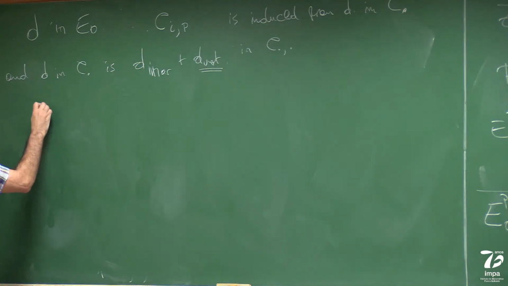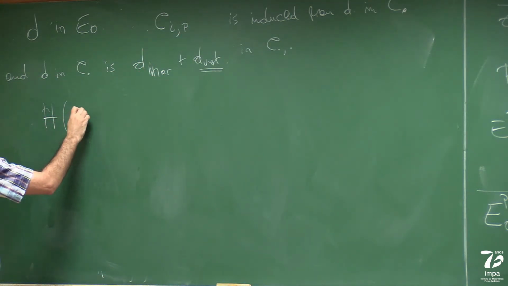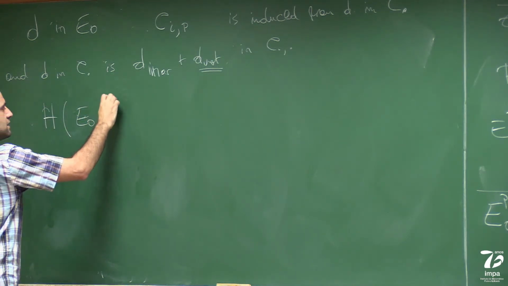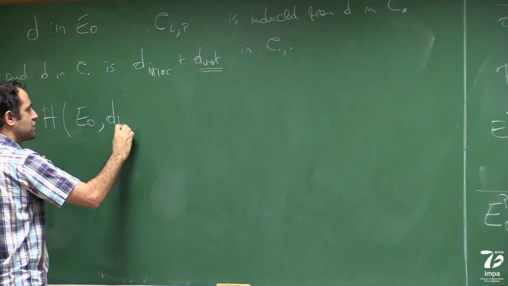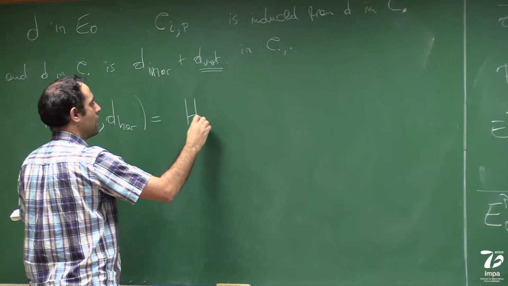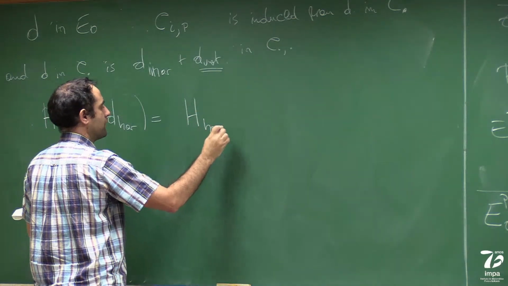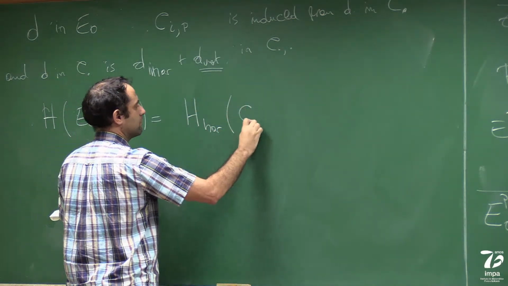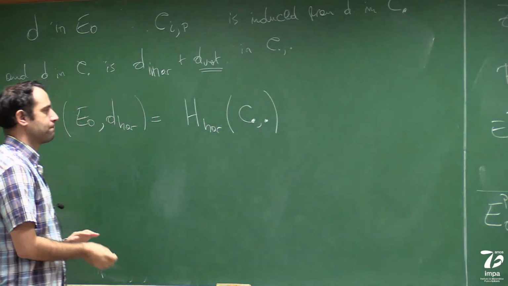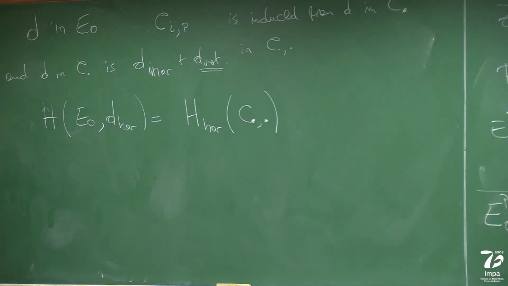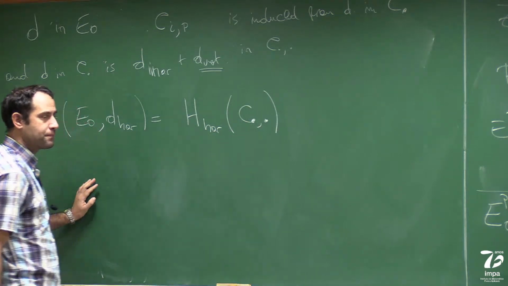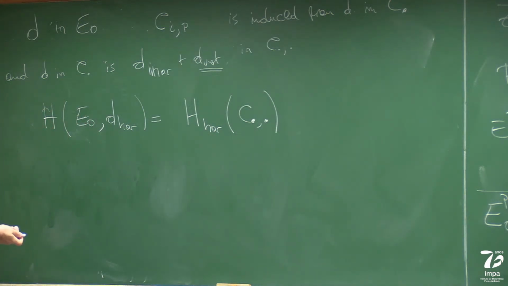So the homology of E0 with respect to this differential, which is just the horizontal differential, is just equal to the horizontal homology of the bicomplex. So I'm fixing the second guy, and I'm looking at only this degree here. Okay, so that's my E1.